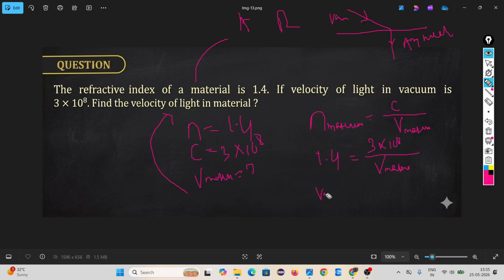Then v of a material into 1.4, cross multiplied, equals 3 into 10 to the power 8. Then v of a material is equal to 3 into 10 to the power 8 upon 1.4. Convert 1.4 into a fraction: 3 into 10 to the power 8 into 10 upon 14.